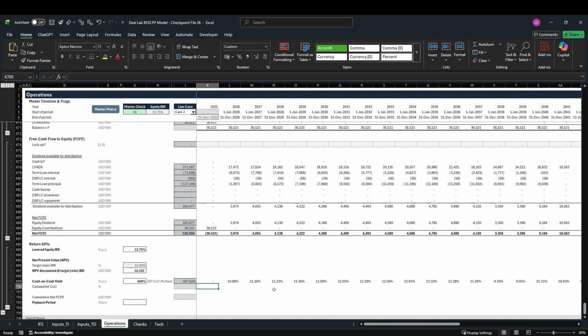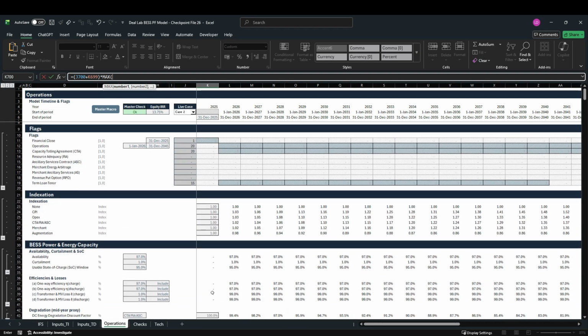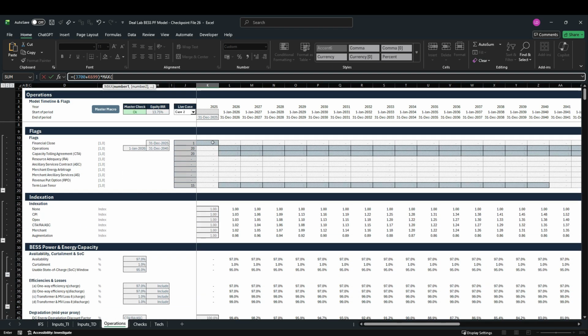So if we have each period's cash on cash yield, we can also calculate the cumulative cash on cash, and that is equal to our previous period's total cumulative cash on cash. Let's put that in parentheses. And then we will add the current period's cash on cash yield, close parentheses, and we'll multiply this with our flags. So let's do the maximum of our operations and financial close flag.